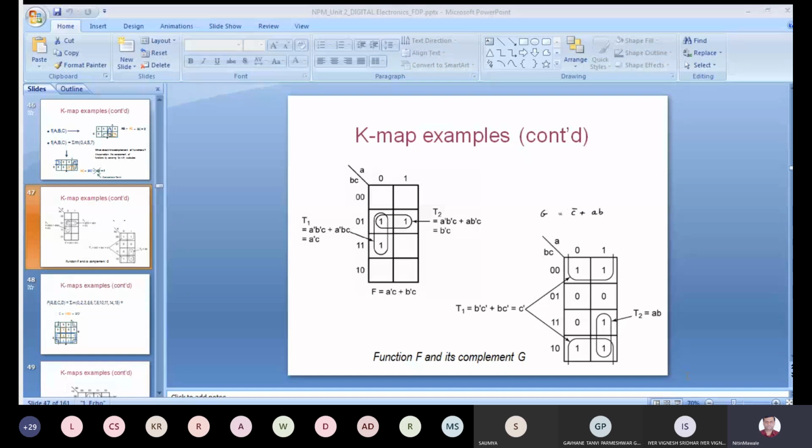So if you understood this, please raise your hand. So how many of you understood? Very good. Since the maximum hands are raised, if somebody is not getting this, please ask.